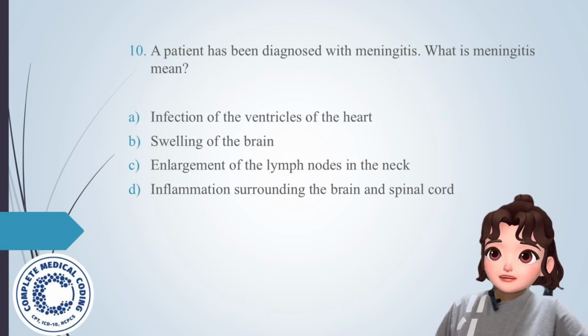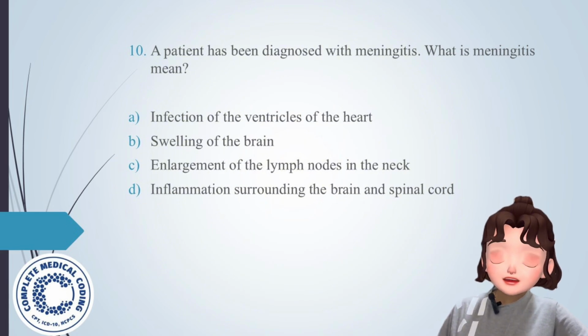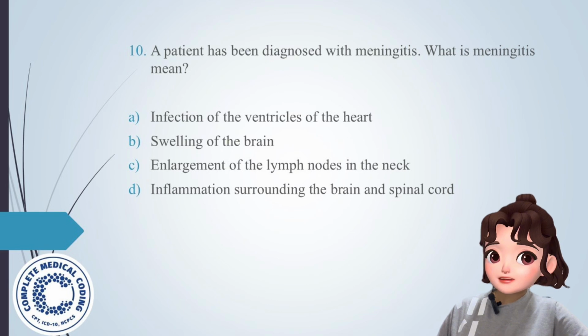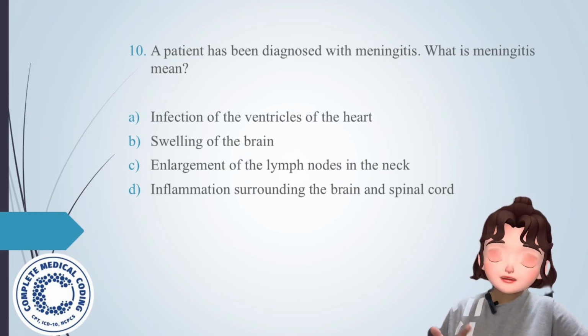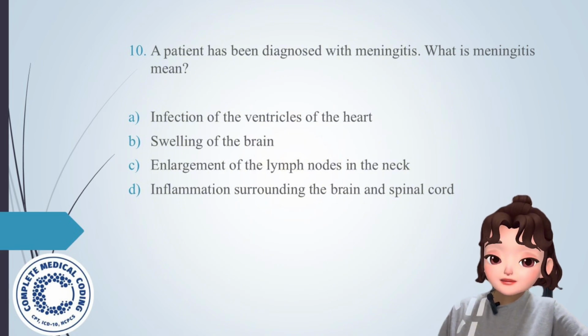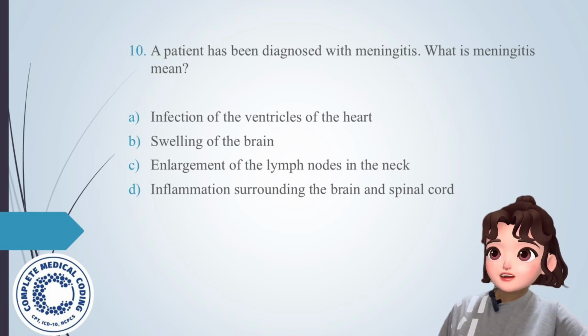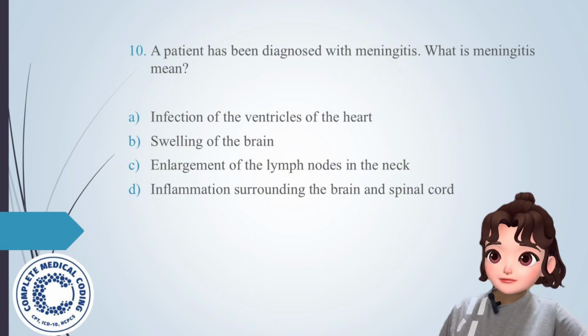One more question, 10th one. A patient has been diagnosed with meningitis. What does meningitis mean? All these medical terminologies, somehow we are hearing nowadays, right? But you have to know the exact meaning, or what exactly it is. So meningitis, it's related to the brain.